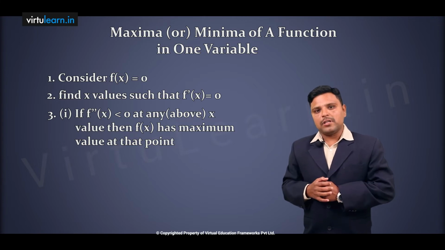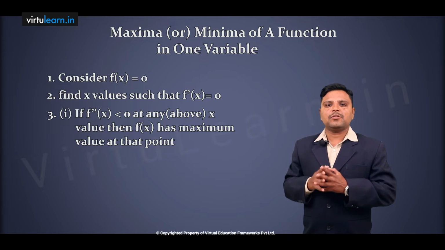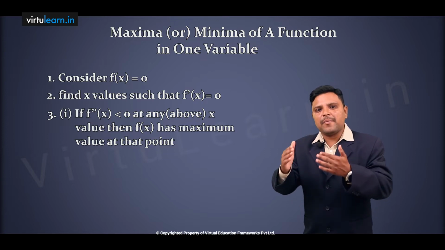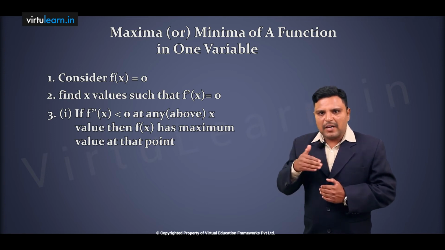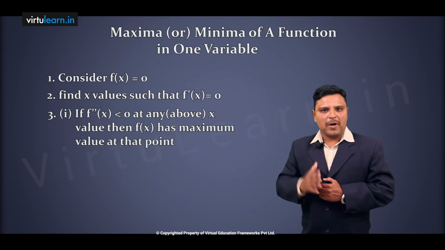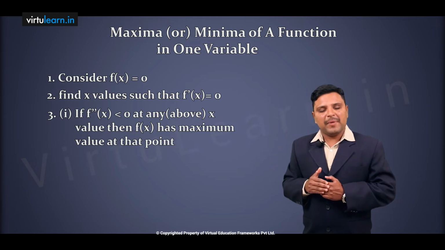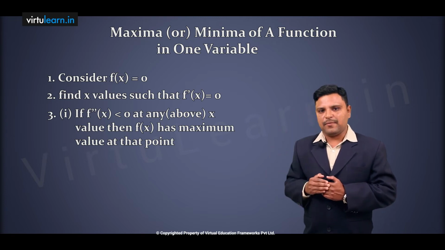Next, the conclusion. You calculate f double dash of x to give the conclusion of maximum or minimum of the function. If f double dash of x is greater than 0 at x equal to some point, then f has a minimum value at that point. Again, you substitute that point, then we will get the minimum of f.